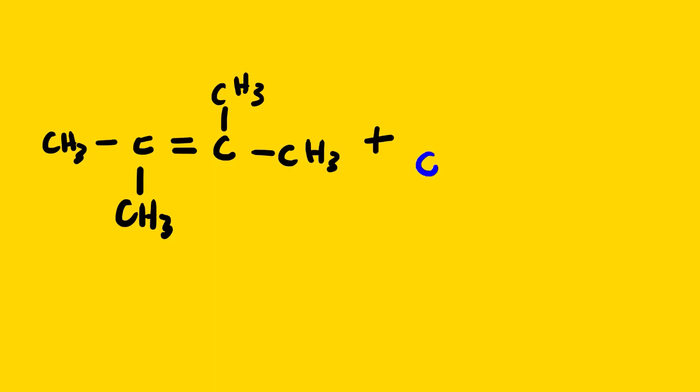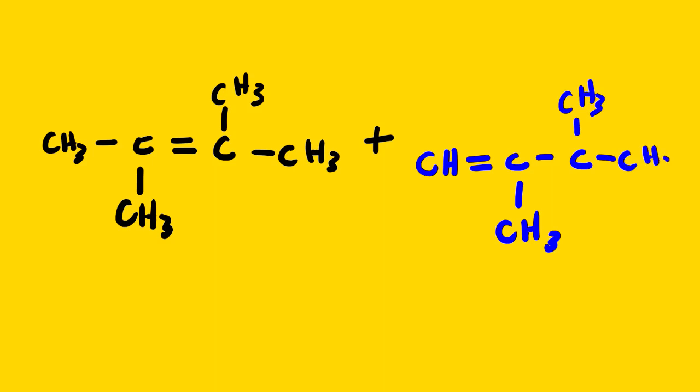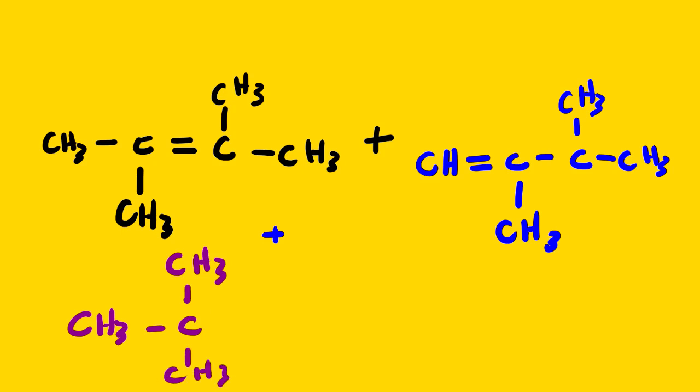The second one will be CH2 and then a double bond with our carbocation. Then we have CH3. We have C and CH3, CH3 plus the first one. Okay, let me do this. We have CH3 here, CH3, a single bond, CH, okay, a double bond will be here because of our carbocation.